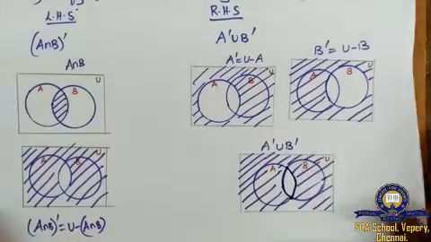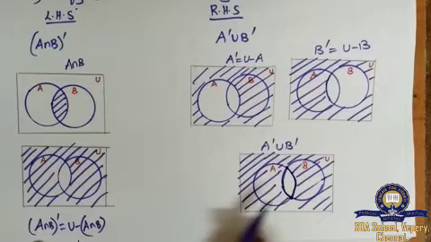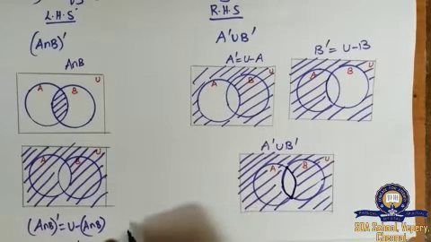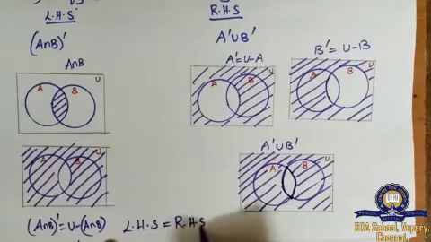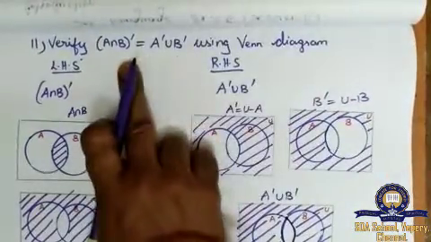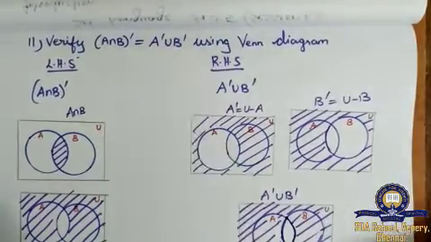Draw neatly, children. This is the 11th sum. Now see, for LHS and RHS both diagrams are the same, so we can write LHS is equal to RHS. We have verified A intersection B the whole dash is equal to A dash union B dash.